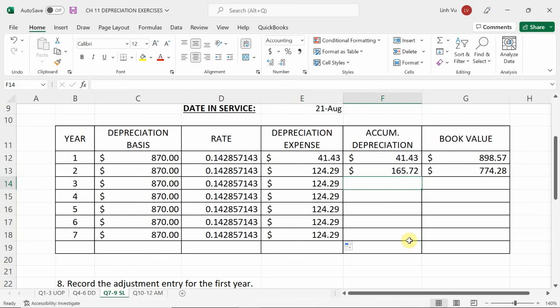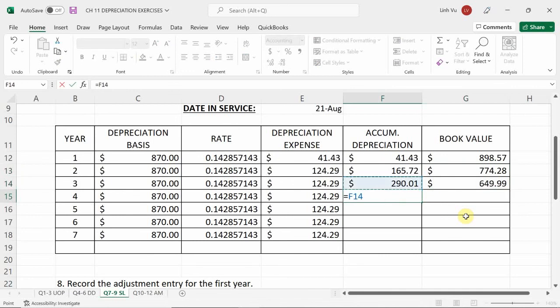So in this case, what's my accumulated depreciation for year 3? $290.01. So that will bring my book value down to $649.99. Good.